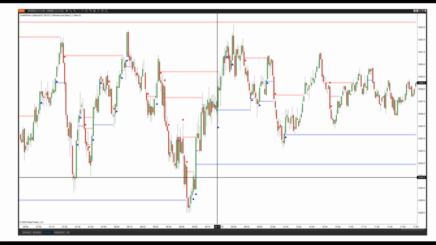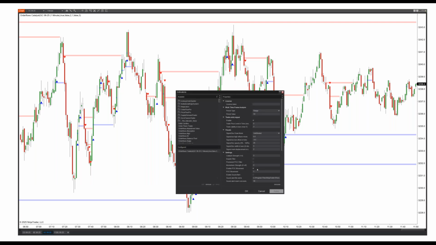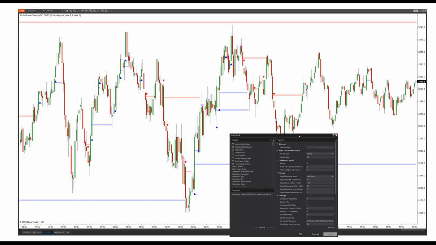Okay, so this is the range-based chart analysis on the time-based chart. And again, I could make the strength higher. I could change the momentum strength to 6. I do have the PLC movement on here. Again, it's set at 1, which is its minimum, right?